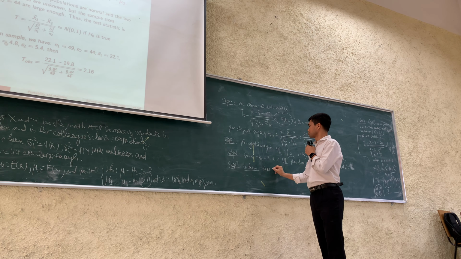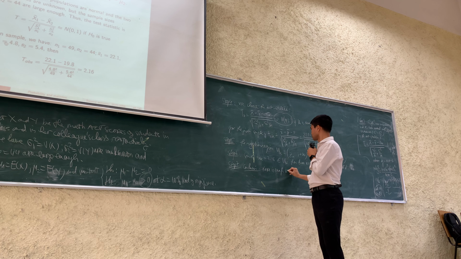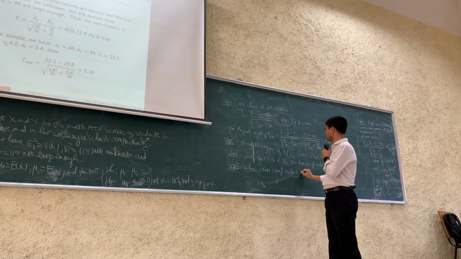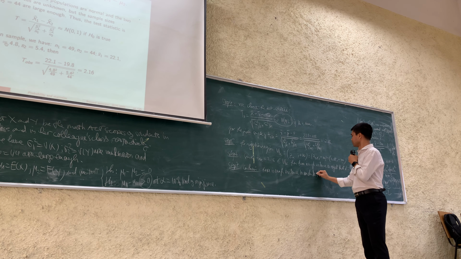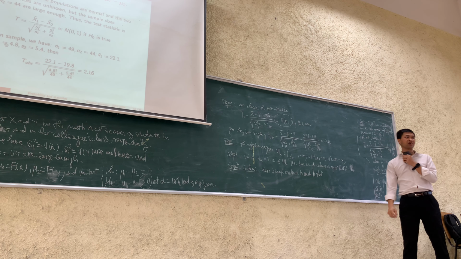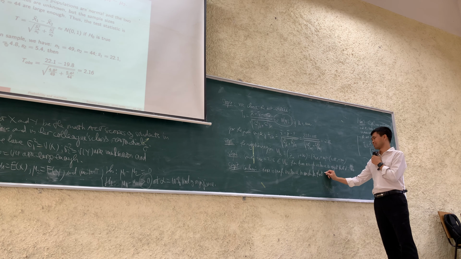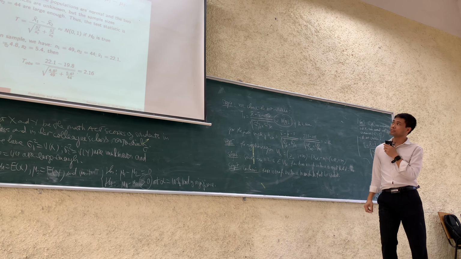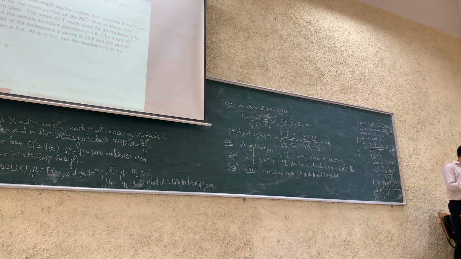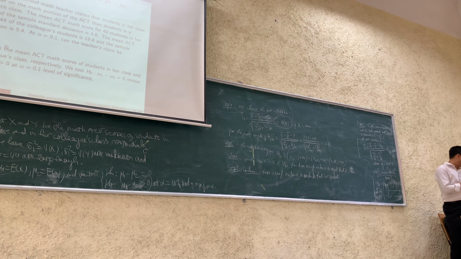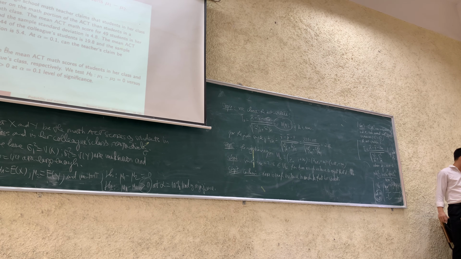There is enough evidence to conclude that her students are more intelligent than the college students. It means that her students score higher on the math ACT exam than college students.